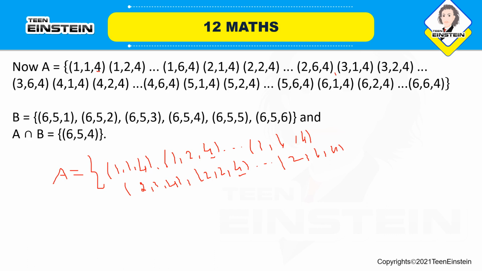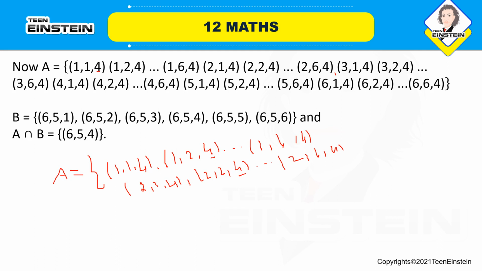So 114, 124, 134, etc. 164, 214, 224, 234, etc. 264, 314, 324, etc. 364, 414, 424 up to 464, then 514, 524 up to 564, then 614, 624, etc. 664. So this is A, right? Now we are very clear about A, how it will be.